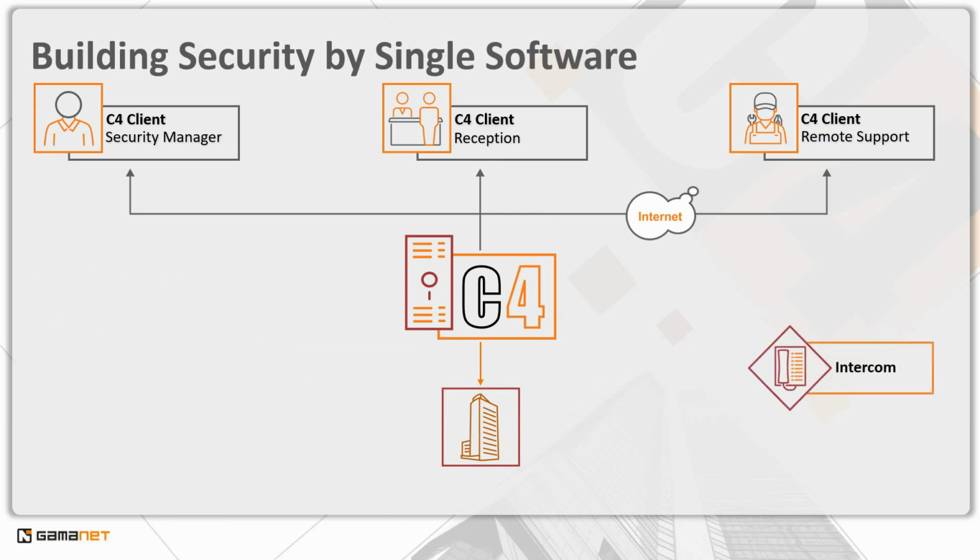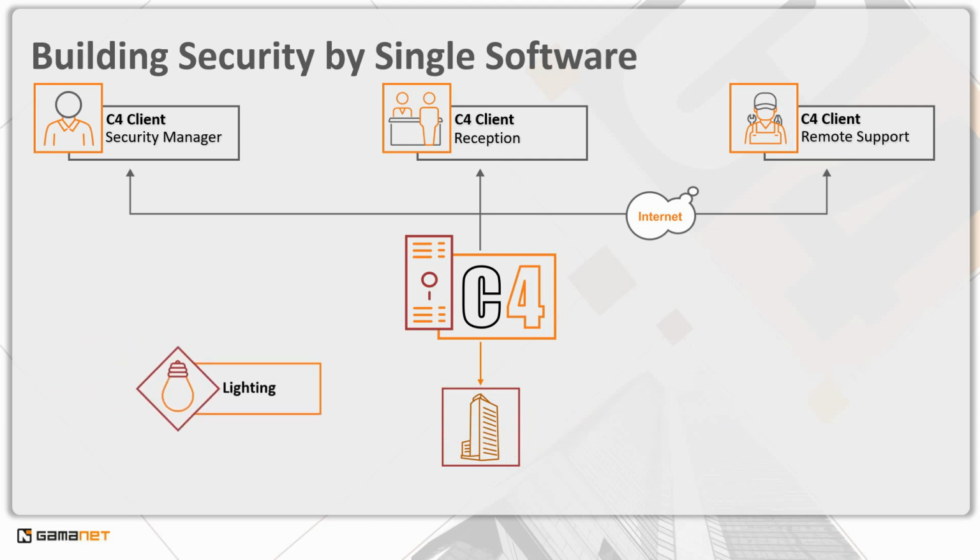Intercom integration is frequently required. Standard building automation industry protocols, such as Modbus, BACnet, and others are supported in the C4 system, enabling connection of common building technologies such as lighting, air conditioning or heating.